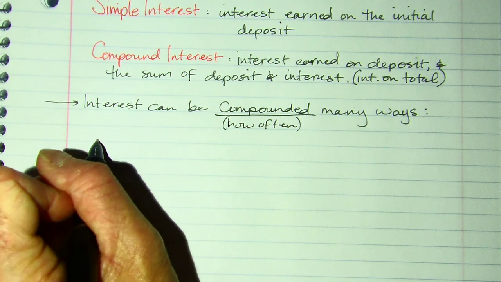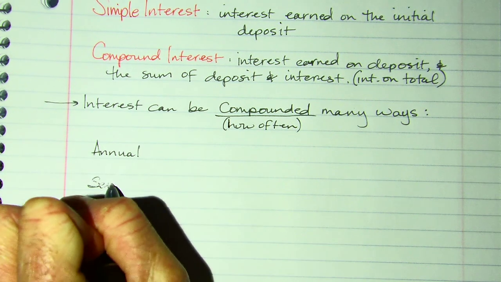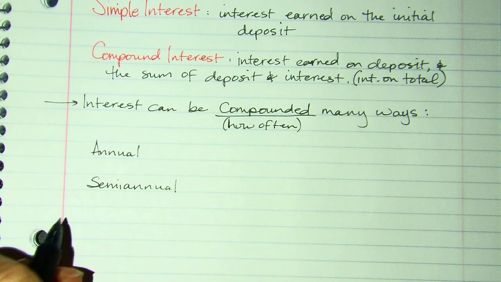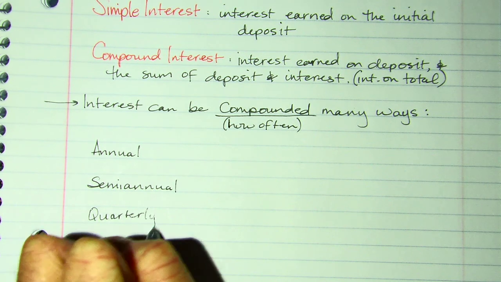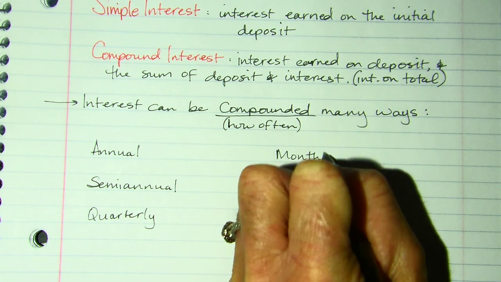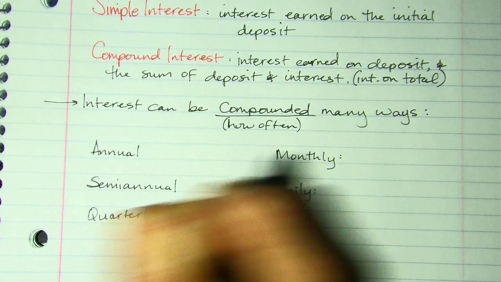Okay, it could be annual. It could be semi-annual. It could be quarterly. It could be monthly or daily. Those are some of the most common.